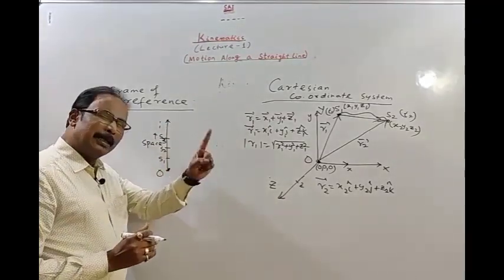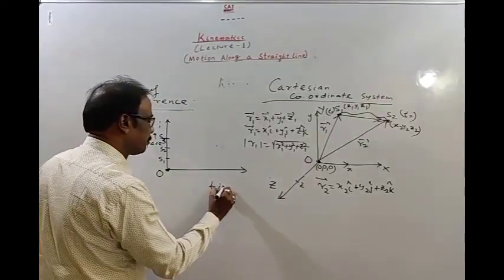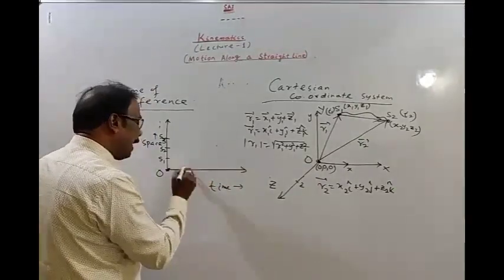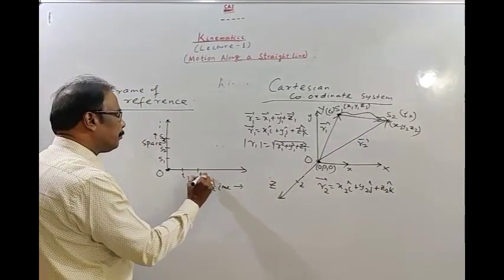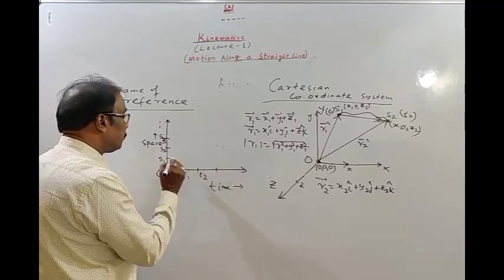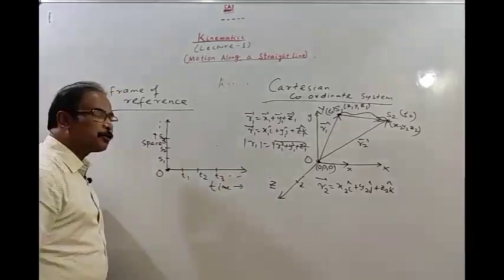So when position changes, time also changes. Let's take this as the time axis. When position is S1, time is T1, position S2, time is T2, position S3, time is T3, and so on.